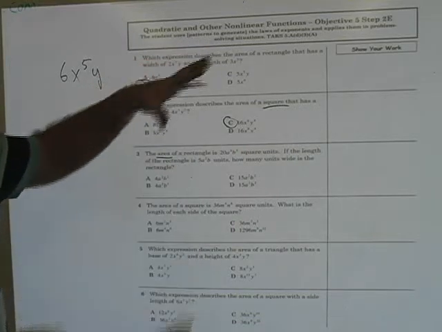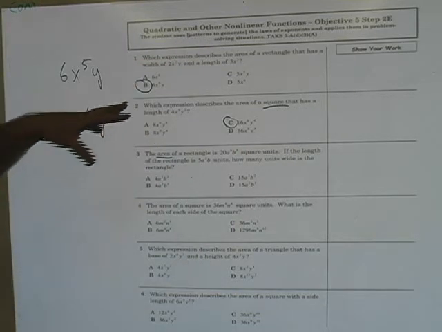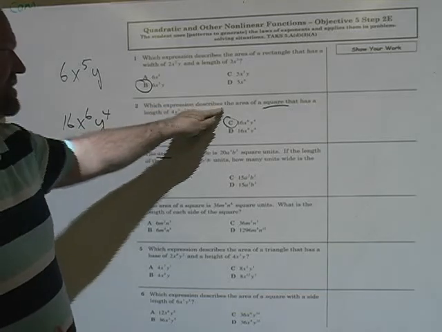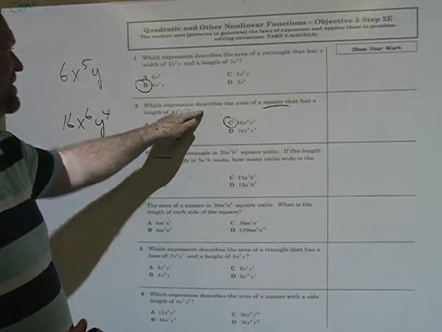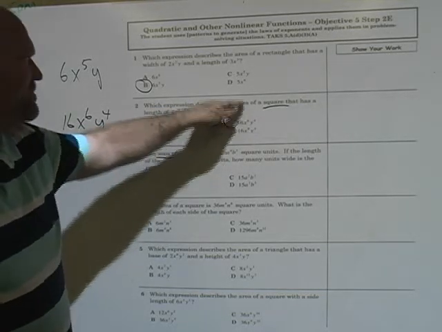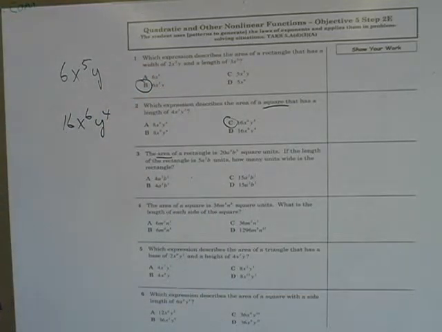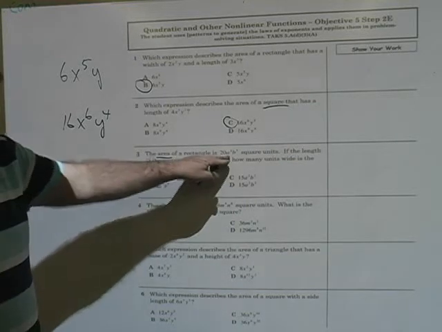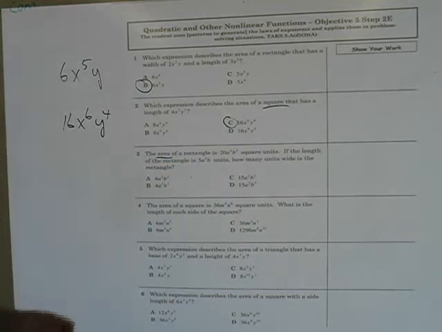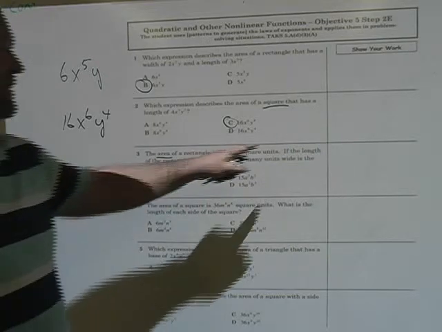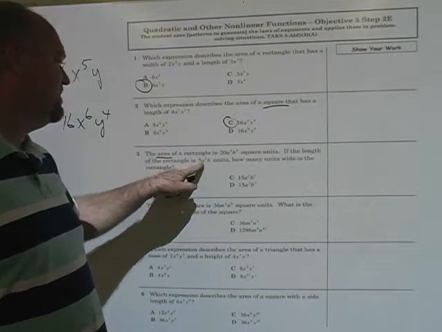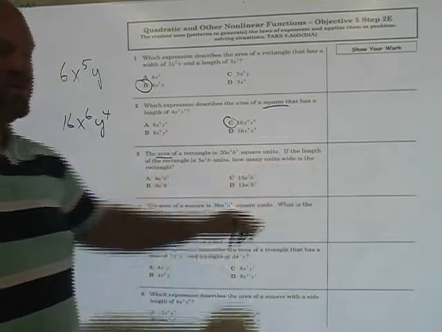Now on all these problems that we've done before this, they've been asking what the area is. Which expression describes the area? We've been finding the area on all of these. But now they're giving us the area, and then they give us the length, and they want to know the width.